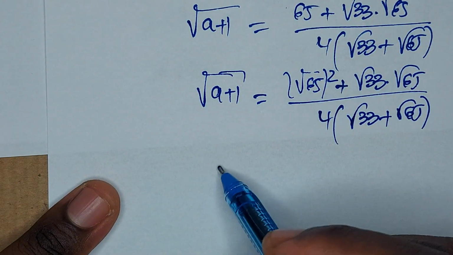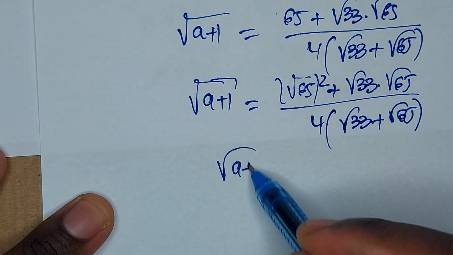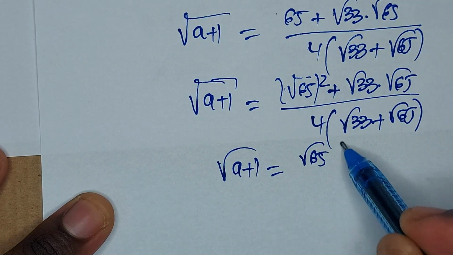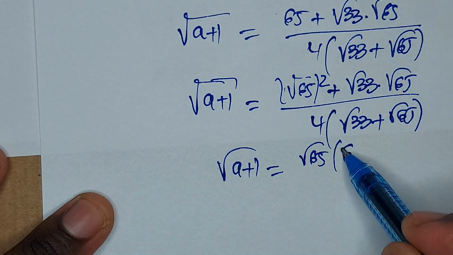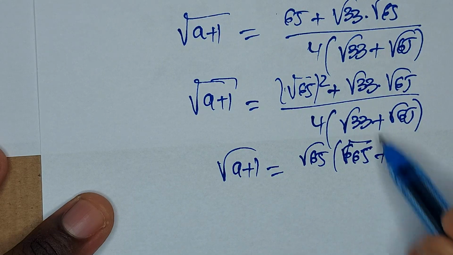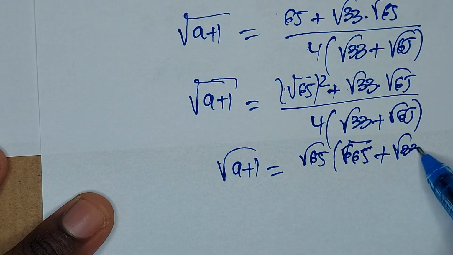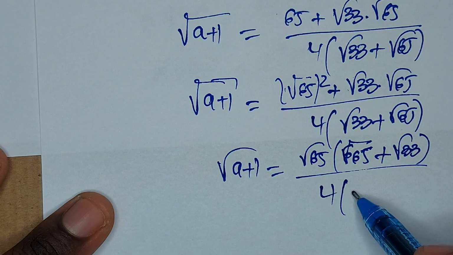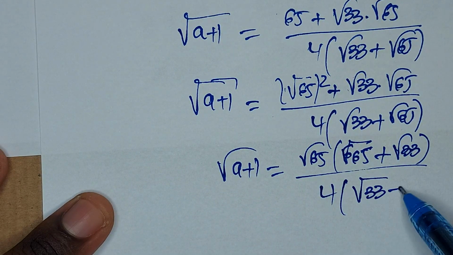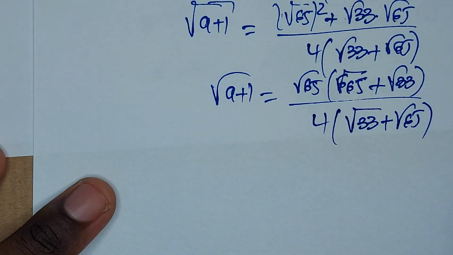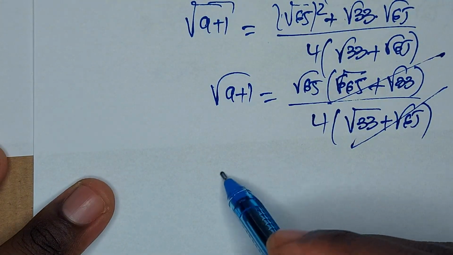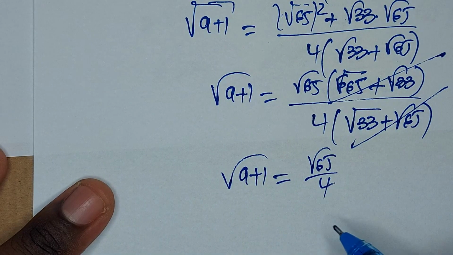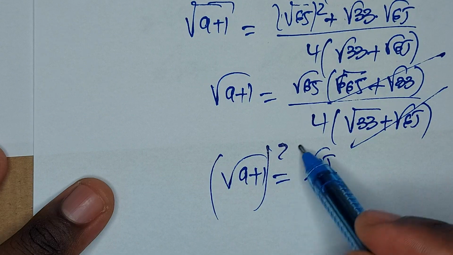Well, guys, square root of a plus 1 equals, I'm going to factor square root of 65, which will multiply square root of 65 plus square root of 33, and then this is going to be 4 divided by square root of 33 plus square root of 65. And then this is 1, and we have square root of a plus 1 equals square root of 65 over 4. And then I'm going to square both sides.